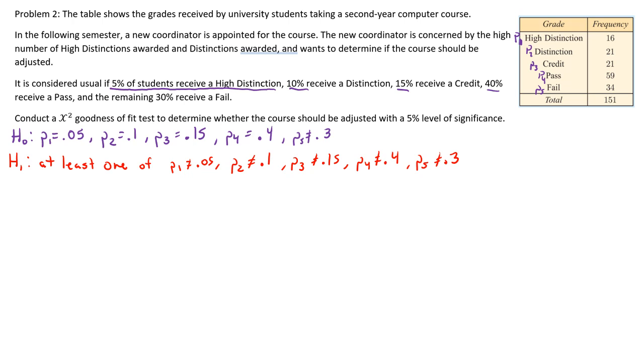All right, so now we have our null and alternative hypothesis. Now we're going to go ahead and do a chi-square goodness of fit test.